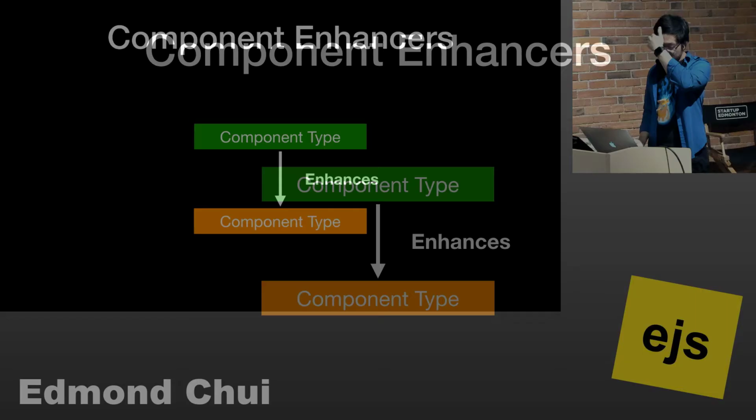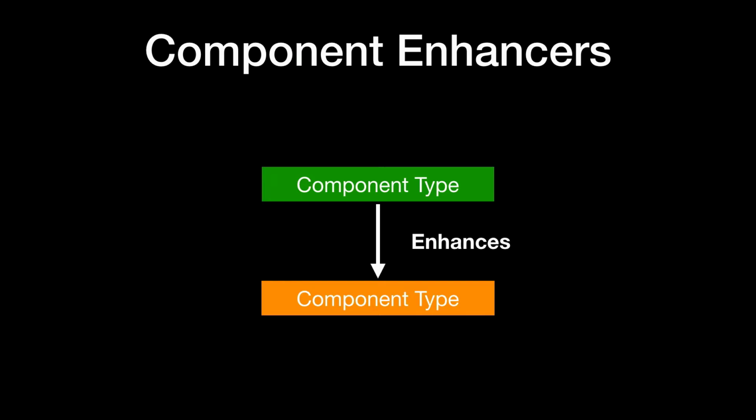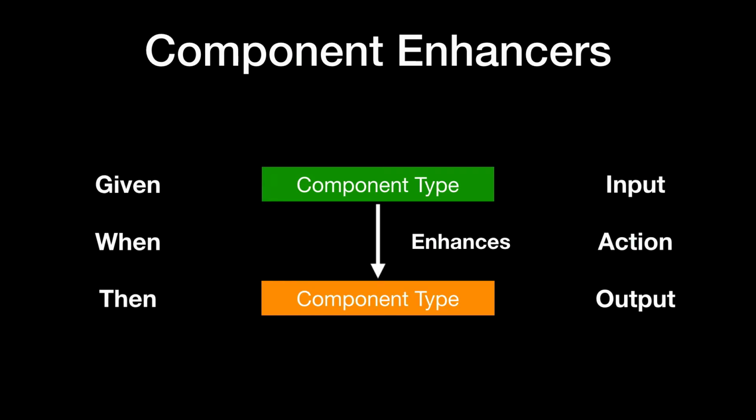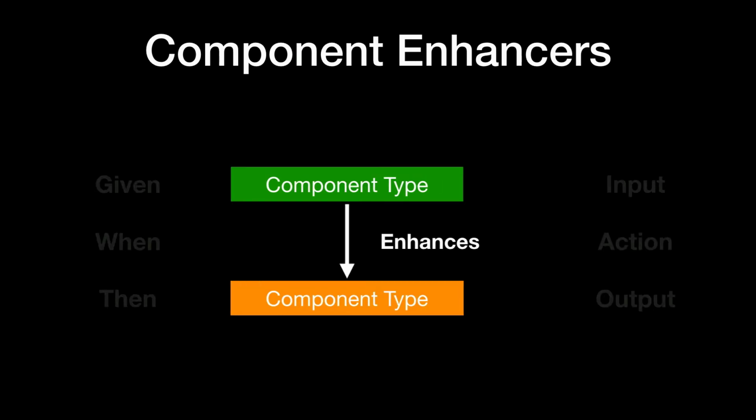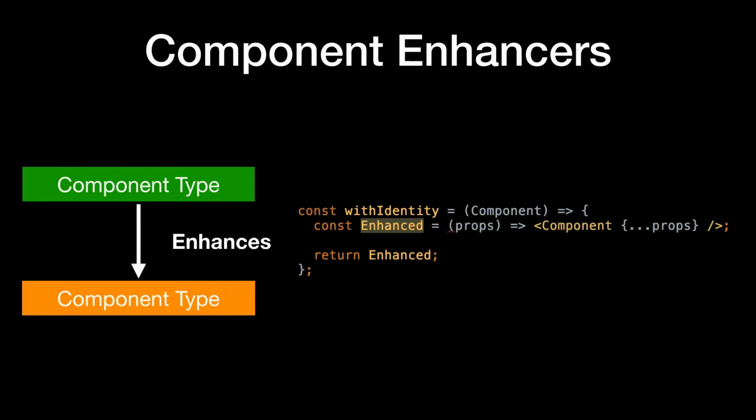So the enhancer itself also fits nicely into the testing trio. Given, when, then, input, action, output. So let's try looking at a really simple enhancer that does nothing. In React, if we want to write an identity function for our component type, this is how we do it.